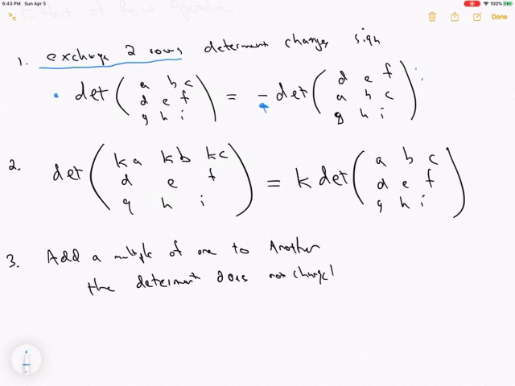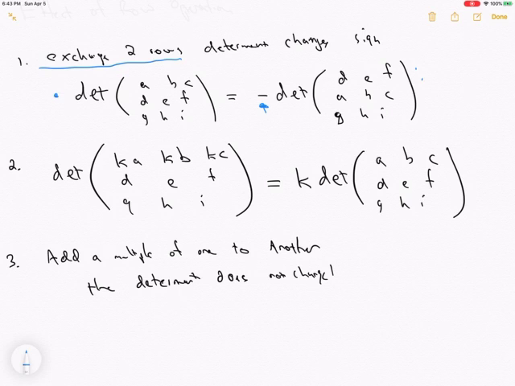If I want to know what the determinant of this matrix is, I could divide the first row by k, and I get a new matrix, with entries A, B, C, D, E, F, G, H, I. The determinant of the new matrix would be 1 over k times the old determinant, which means that the old determinant is k times the new one.